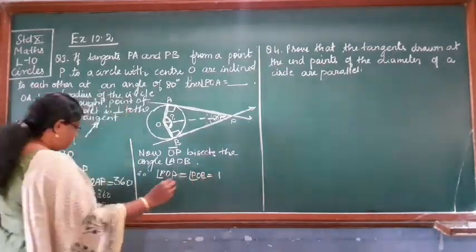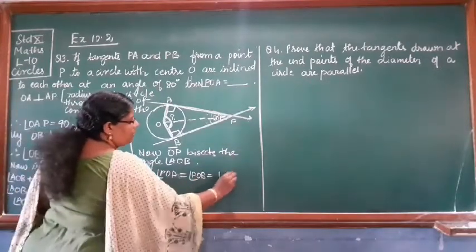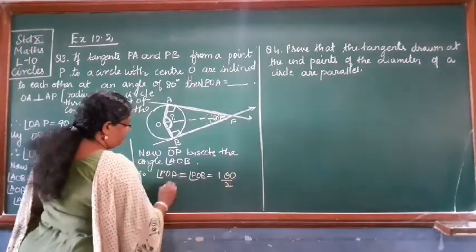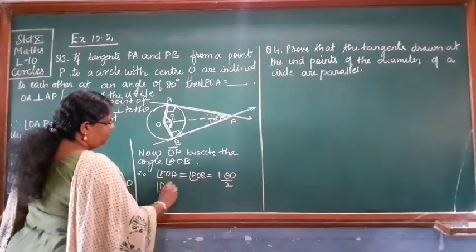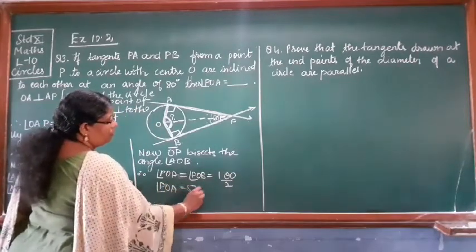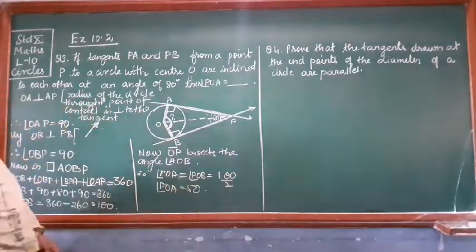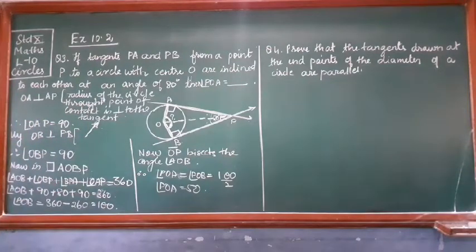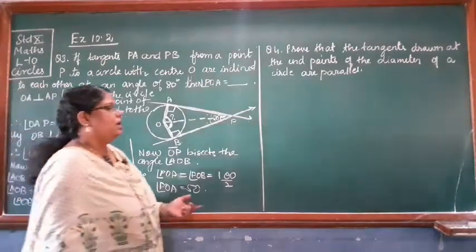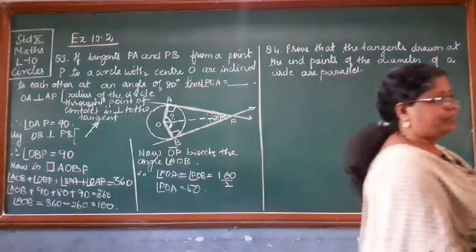How much we have got? 100, no? So 100 divided by 2, that is angle POA will be equal to 50. So this is how you can prove it. Okay, so you have got your answer as 50.